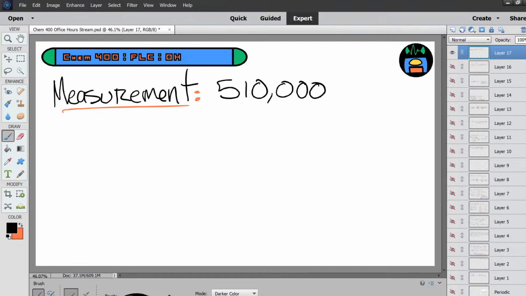I don't remember the unit, so I'm just going to throw grams on there. Anytime you look at a measured number, the last digit is the uncertain digit.